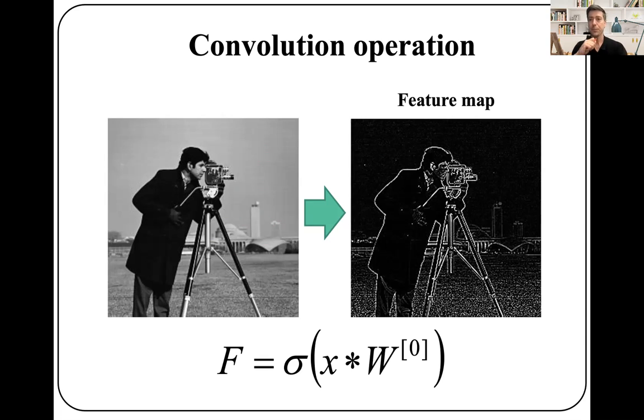A feature map is basically the result of applying a specific convolution filter to an input image and applying our activation function. And a feature map is an image. So the input is an image and the output is also going to be an image, which is going to have the same dimension as the input image, except that it might be a little bit smaller.